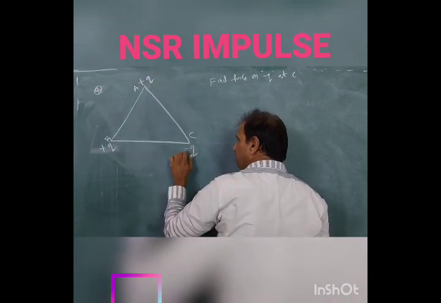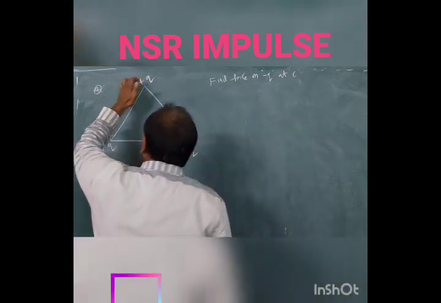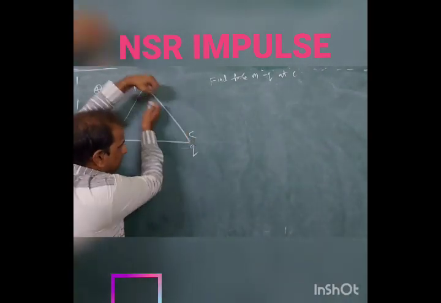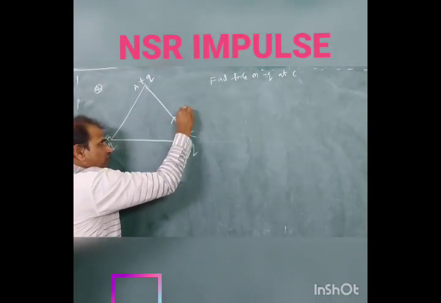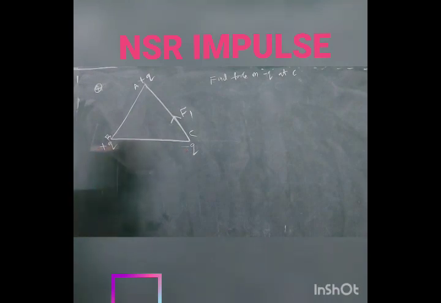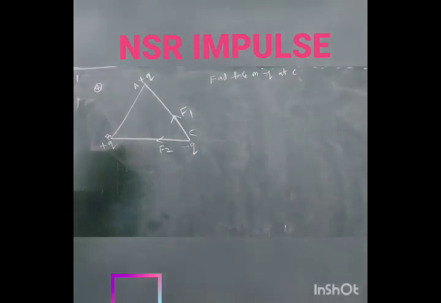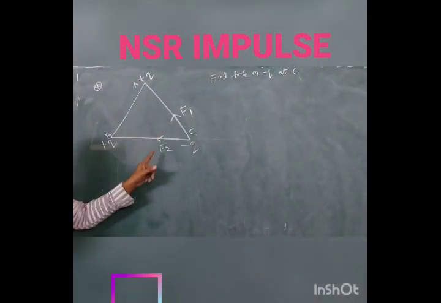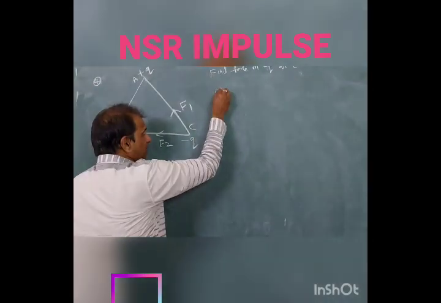Attraction. It means the negative charge wants to go towards the positive. This positive charge will pull this one towards it, so it will experience force F1. It will also experience a force F2 between these two. This is negative and this is also negative. Forces are indicated.